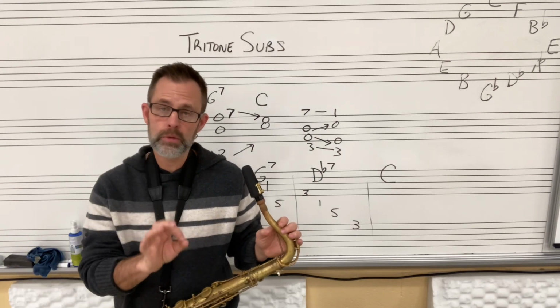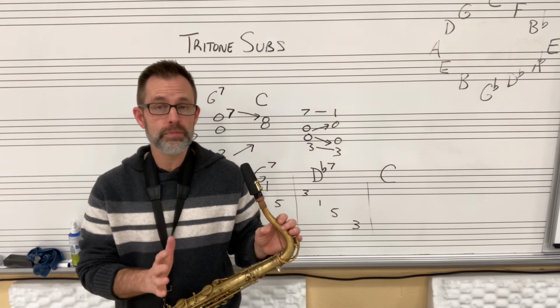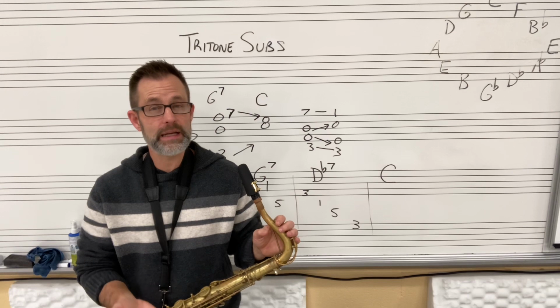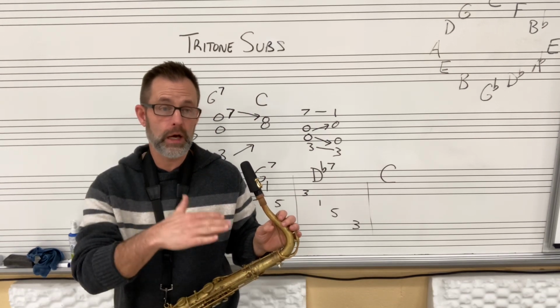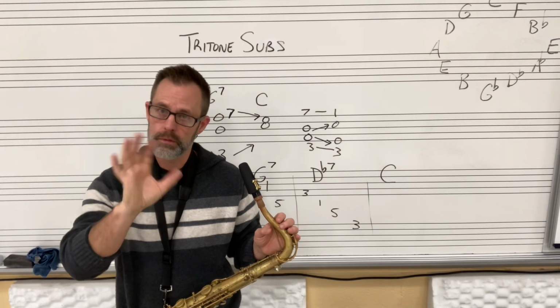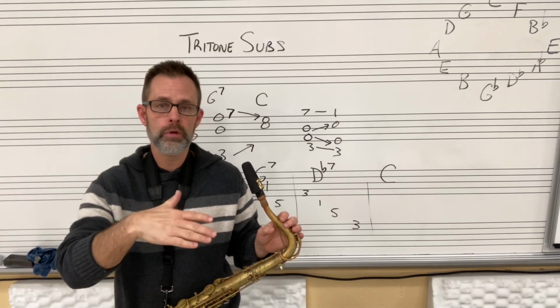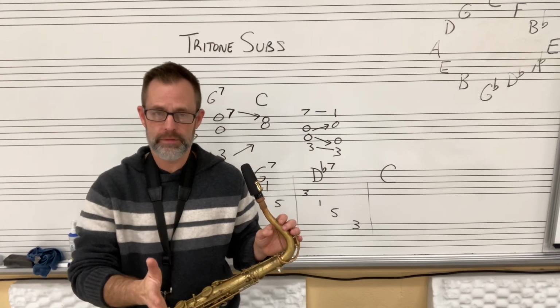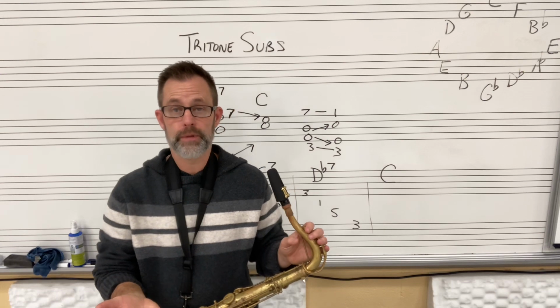But the tritone sub increases the chromatic bass movement. That's really the idea, to increase the chromatic bass movement so that we're not always moving by fourths. 2, 5, 1, but 2, flat 2, 1 is kind of the idea. So that would be the first step that I would do.